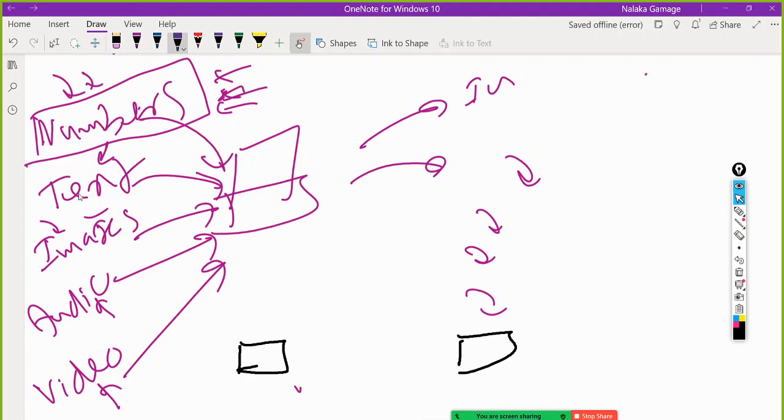The raw text, your word processed document. The raw image, the image after beautifying and all those effects. The raw audio after reducing all the noises and enhancing it, and sometimes we have to mix audio with music. That is your final thing, right?